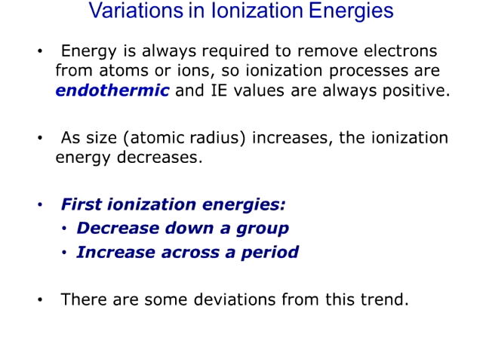Something else to note. As size, atomic radius, increases, the ionization energy decreases. In other words, it's easier to remove an electron from the outer area than from the area closest to the nucleus. The closer you get to the nucleus, the harder it is to remove that electron. So you can remove an electron from something that's in period 7, row 7, more easily than you can from something in period 1 or 2.